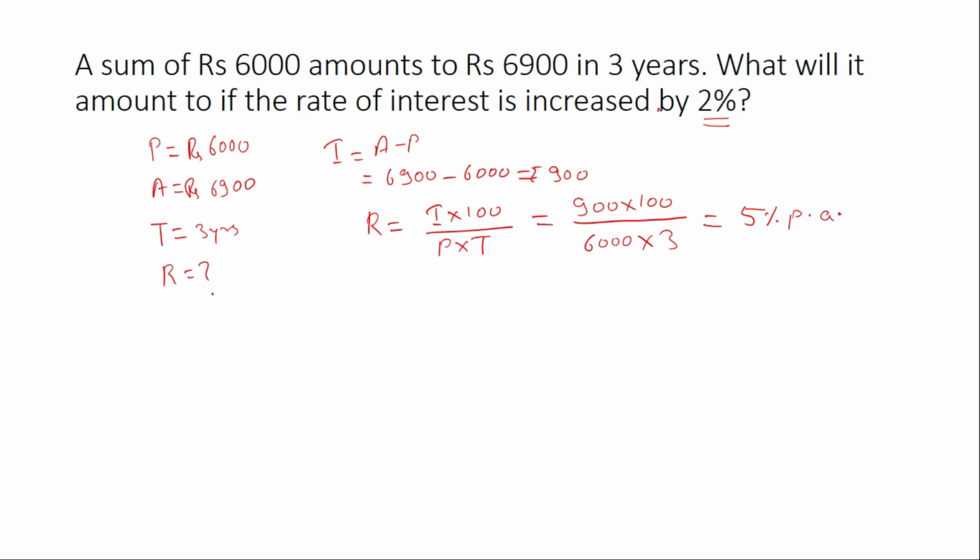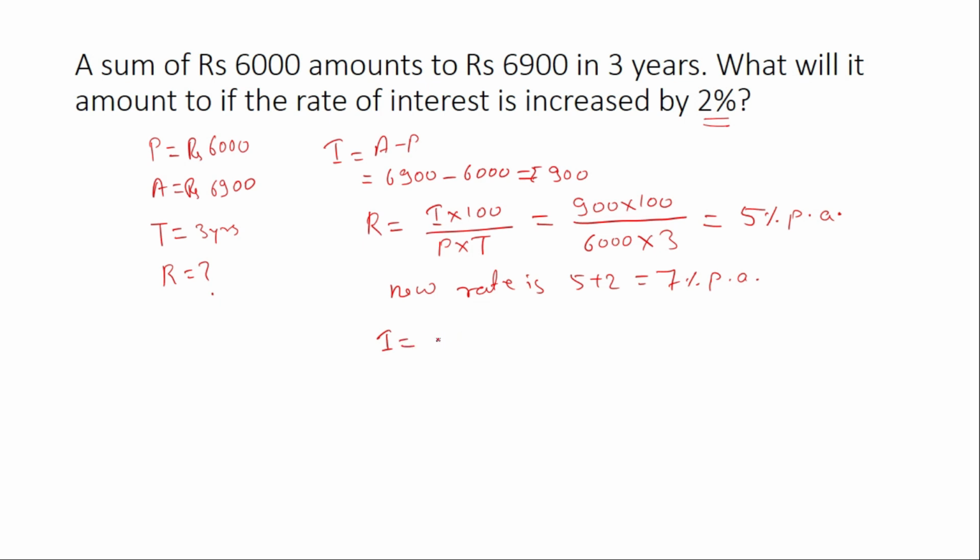In the second part of the question, it is given what will be its amount to if the rate of interest is increased by 2%. That means new rate is 5 plus 2, that means 7% per annum. So we have to find out amount. For that, first we will find out interest.